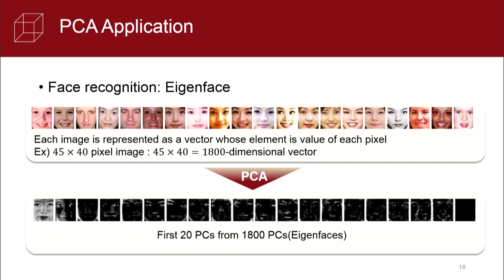Let's say each image is a 45 by 40 pixel image. So we have 1,800 dimensional vectors. It's a huge vector, huge number of features.